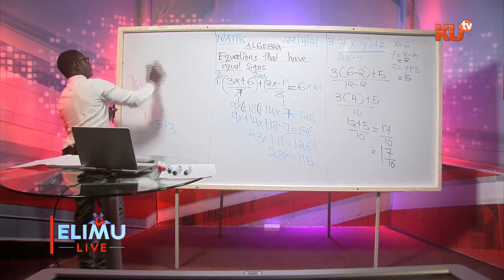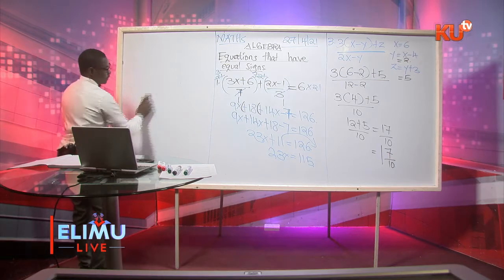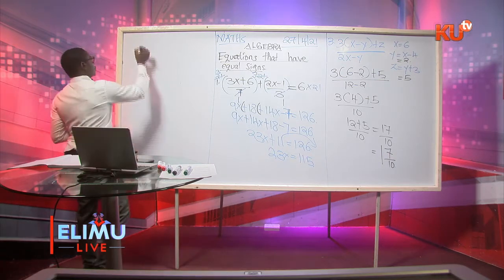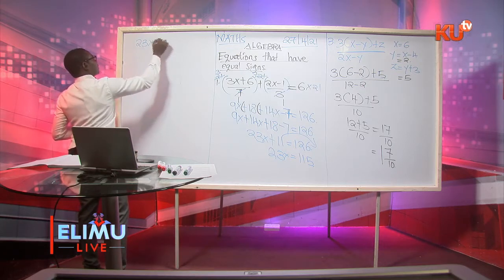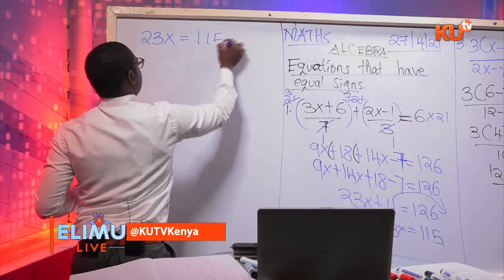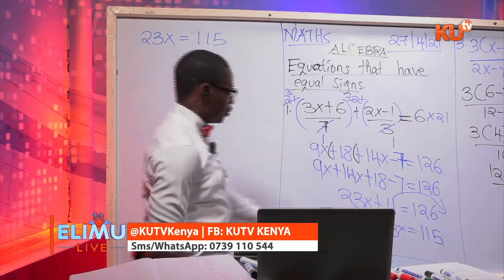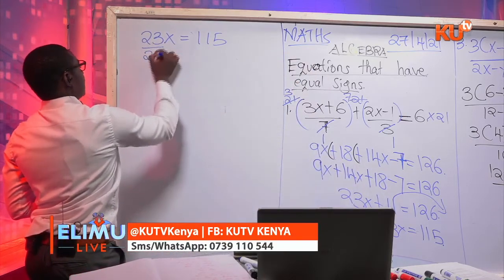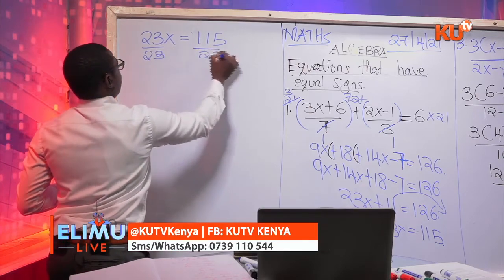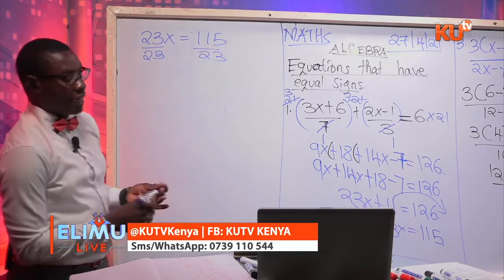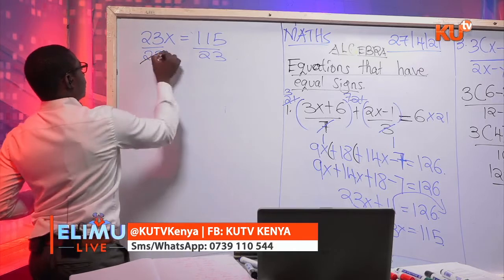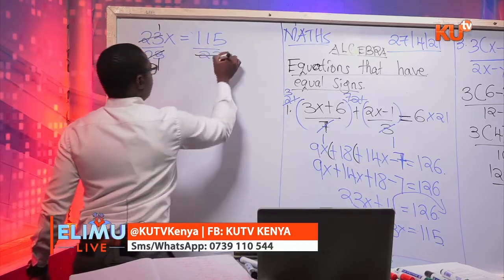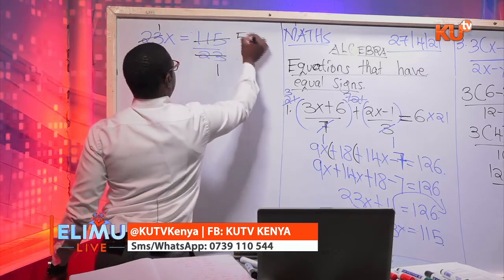Continuing from there, 23x is equal to 115. To remain with the value of x alone, we divide both sides by 23. When we do that, 23 goes into 23 once, and 23 goes into 115 five times.